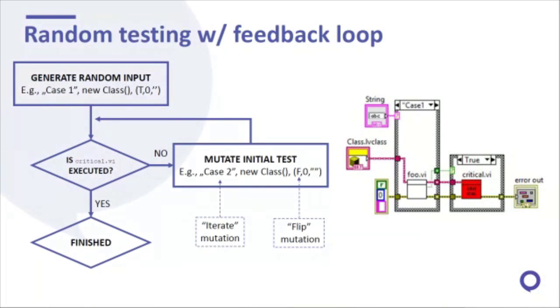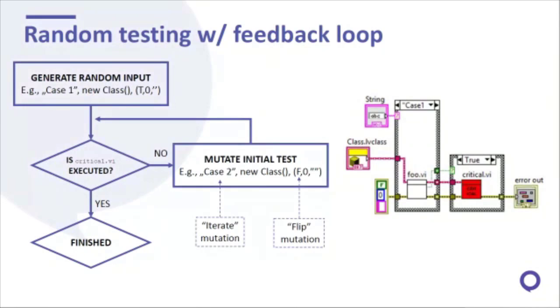If we come back to our running example on the right-hand side, the LabVIEW code snippet, you see the same question. We try to generate inputs so that the critical VI is executed. As we saw on the previous slide, we do random testing, so it's not like the smart symbolic execution approach. We have no idea how we could reach the critical VI.